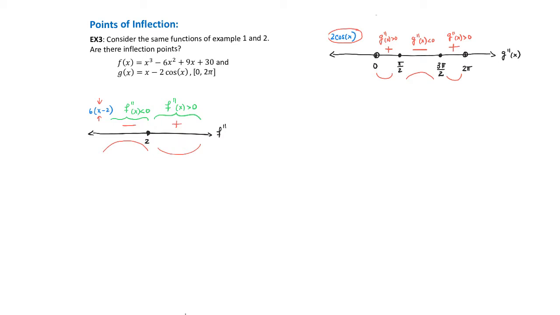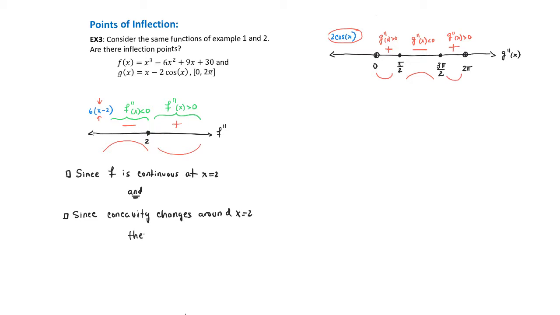So we will say here, number 1, since f is continuous at x equals 2, and second statement, since concavity changes around x equals 2, then f has a point of inflection.